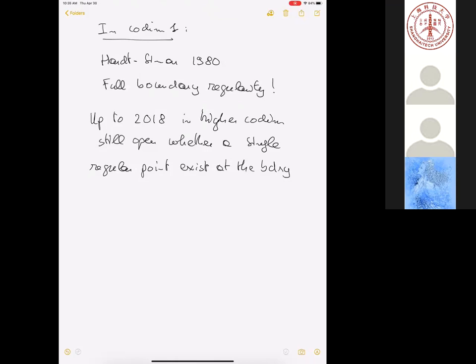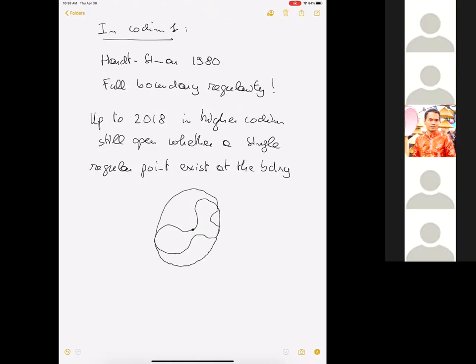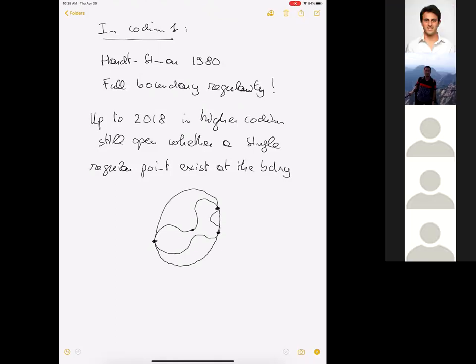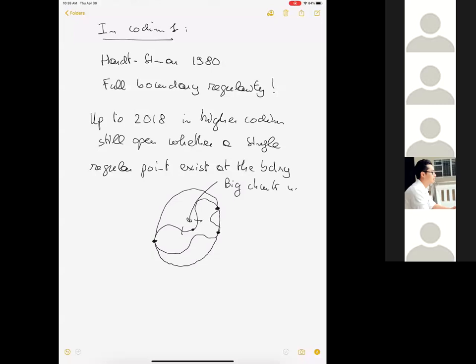But let me also point out that, of course, in general, if you have a complicated curve, there might be some point where you don't have any convex set which is touching it, which means that Allard's theorem will tell you that, for instance, in this example, there is regularity over here, and there is regularity over here and over here, but inside here, there is kind of a big chunk not covered by Allard's theorem.